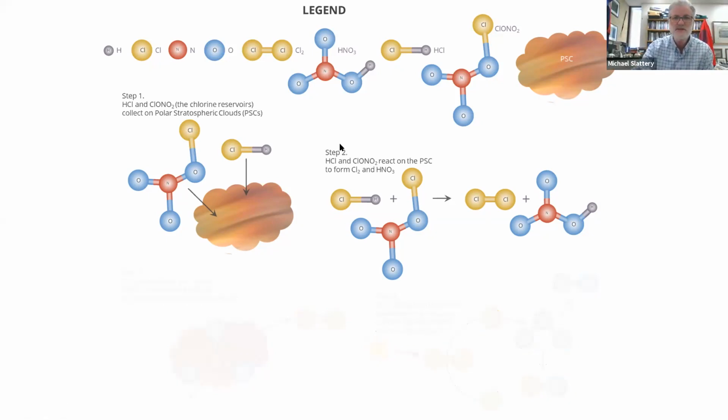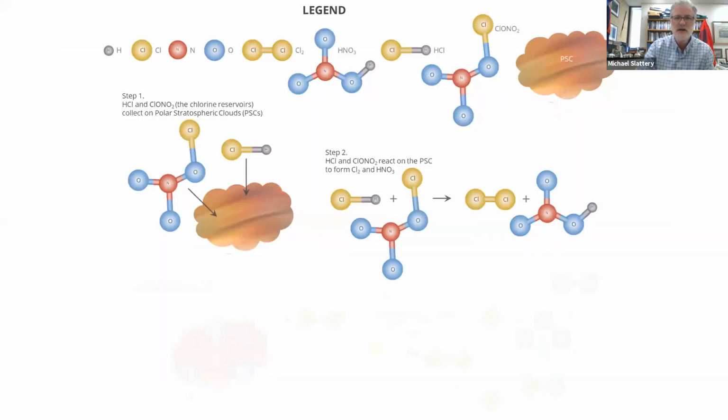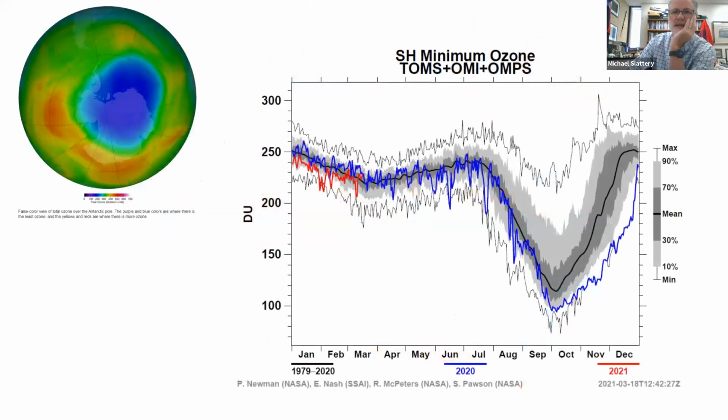And here's the, whoops, I'm going backwards, sorry. Here is the key diagram that shows that. So what are we looking at here, right? This diagram, and I've just updated this. These are all available on the web. This shows the depletion of ozone, the minimum amount of ozone across the year for the South Pole. The black line here, the solid black line that you see here, so I'm just going to highlight that curve.